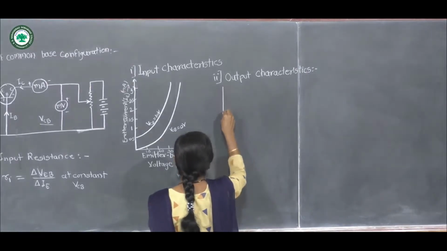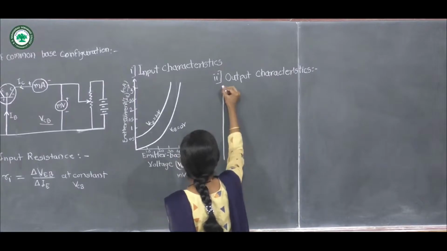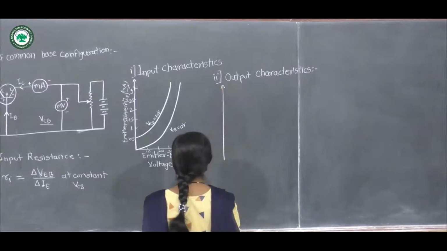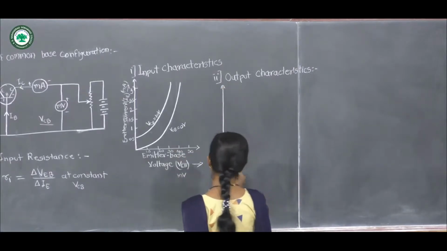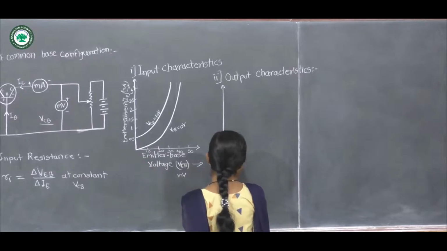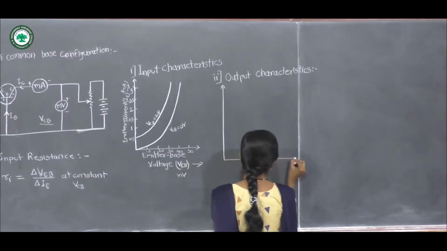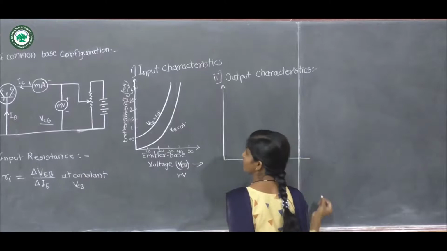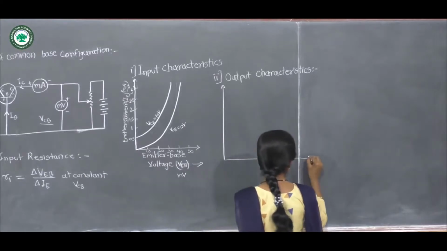In order to observe the output characteristic, one should note the variation in IC, that is collector current, as a function of collector base voltage.